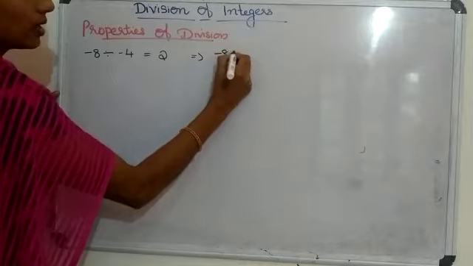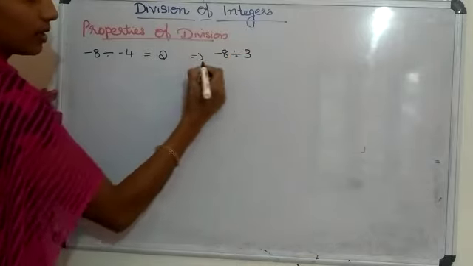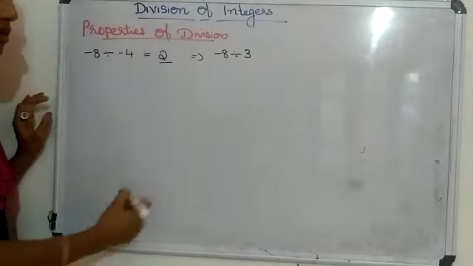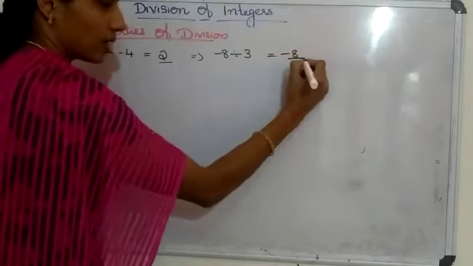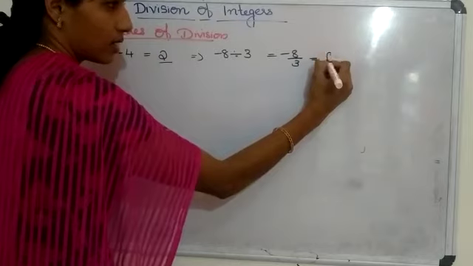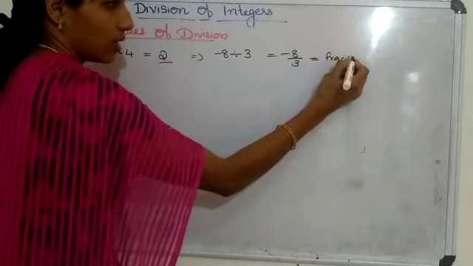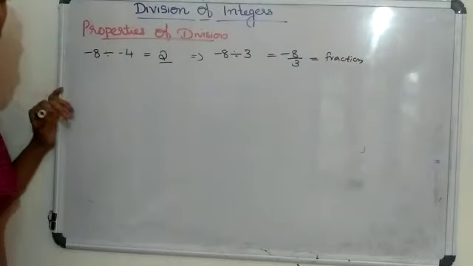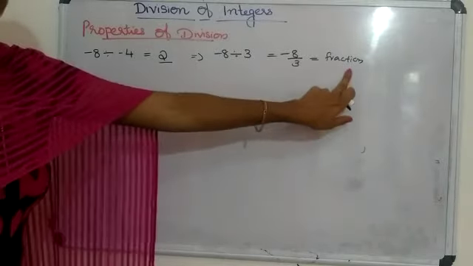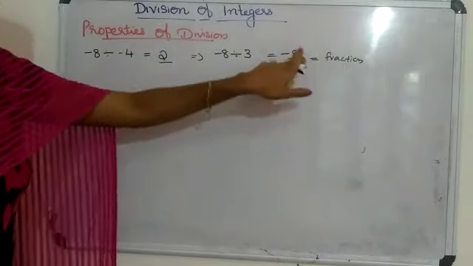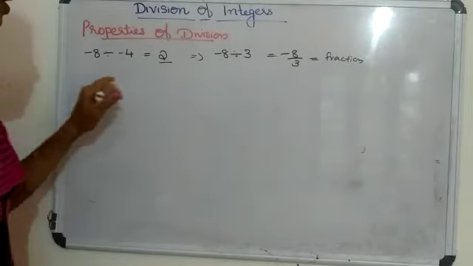Same way, minus 8 divided by 3. So what is the result? Minus 8 by 3. That should be a fraction, right? Each time, this is not an integer, this is a fraction. That is 8 by 3 is a fraction.